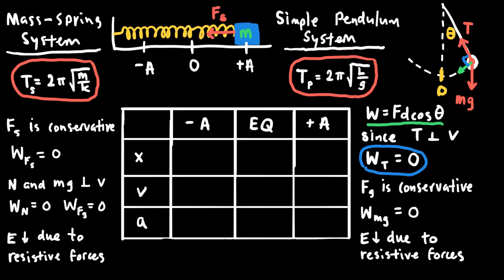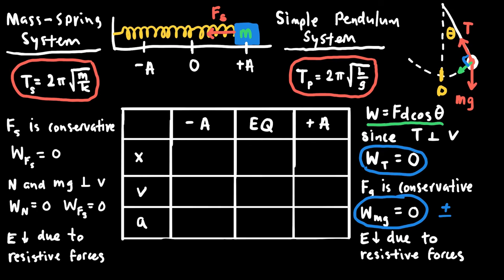And as it goes away from equilibrium, as it's rising up, the gravitational force opposes the direction of the object's motion and therefore slows it down. So it speeds it up on the way down, slows it down on the way up. And so in going from point A to point B back to point A, the net amount of work done by the gravitational force will be equal to 0 because it does positive work on the way down and negative work on the way up, and those will add up to 0.